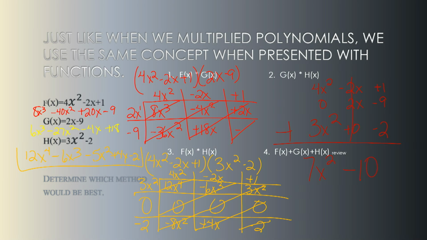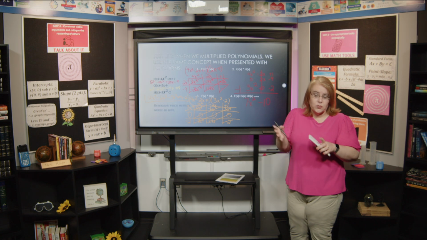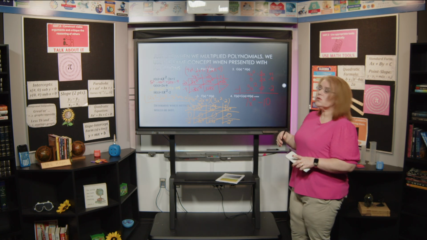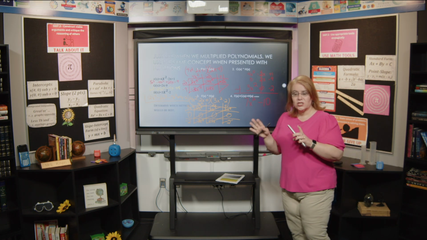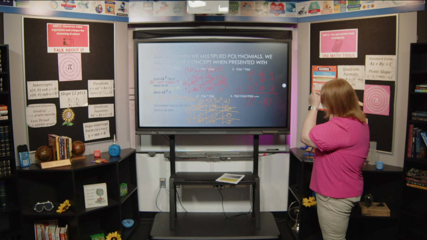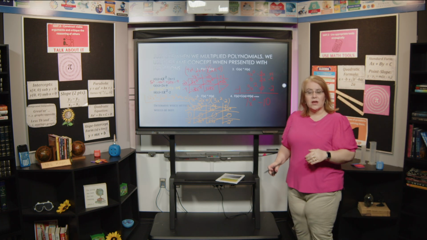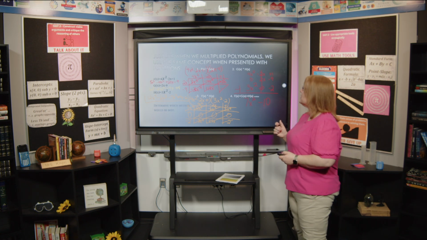So when I add all 3 of those expressions, those functions together, I get a binomial. 7x squared minus 10. Check your work, check my work. Let's make sure that we're putting like terms together and seeing that we only had a couple of spots that didn't have numbers. We could put zeros there, just placeholders. If you didn't, that's okay. Let's see what's next.